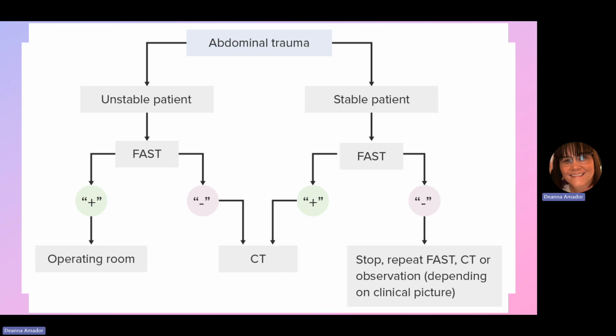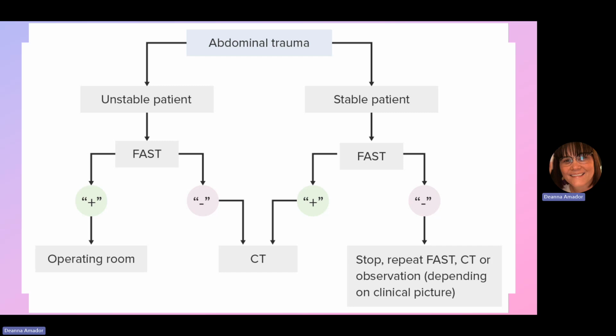So here, this just kind of shows what that whole secondary survey can look like with a FAST exam. It shows if there is abdominal trauma, they have an unstable patient, they do a FAST exam. If they have a stable patient, they do a FAST exam. If they have an unstable patient and their FAST exam is positive, then off to the operating room they go. They go right away.